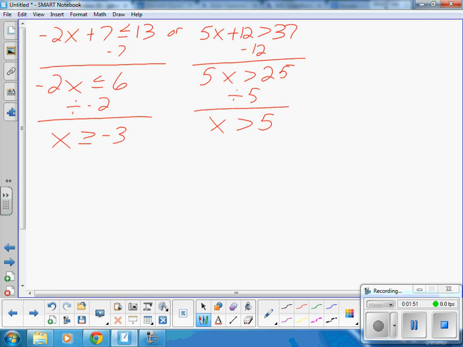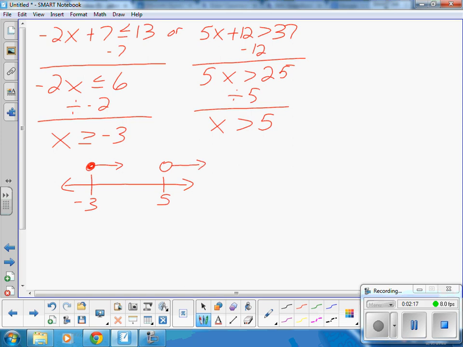Now, remember, the graph is the solution. Well, first of all, we have to graph it to see what our solution is, and then it is the union of the graphs. So we have negative 3, and that's a closed circle, and x is greater than that. And then at 5, I have an open circle, and x is greater than that. So what is our solution?